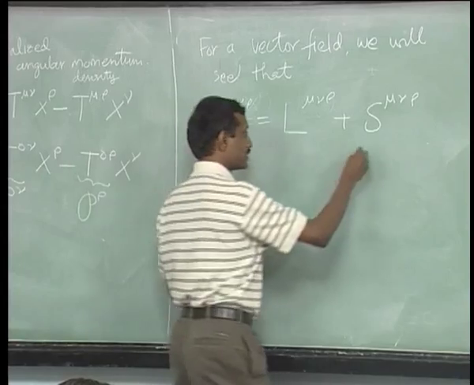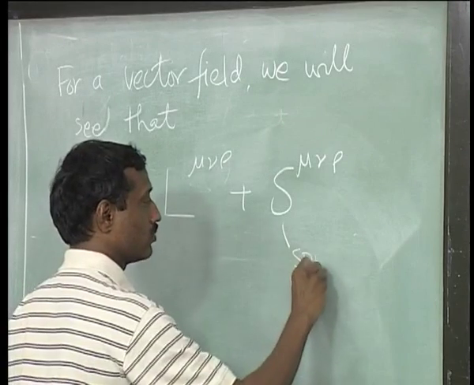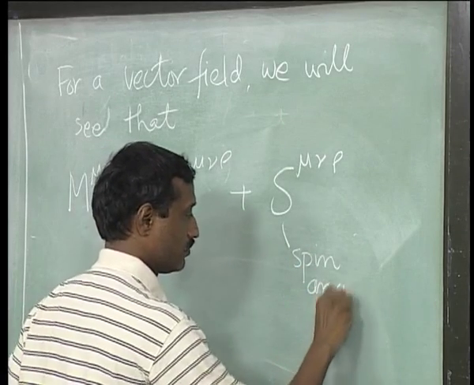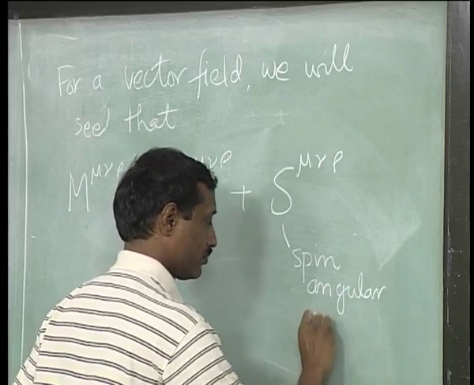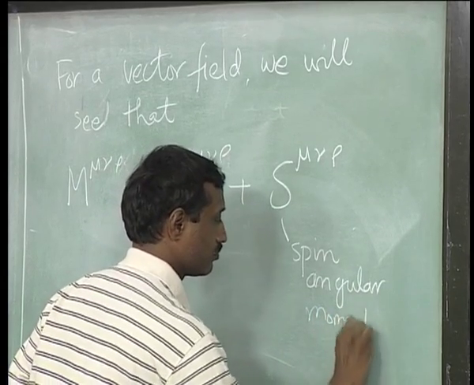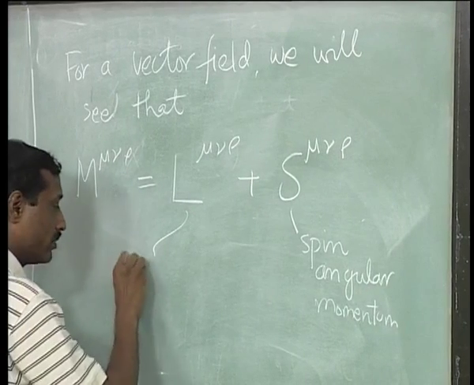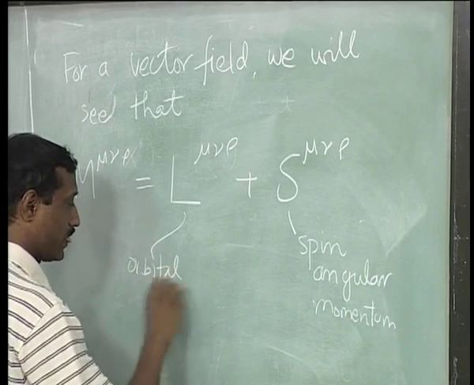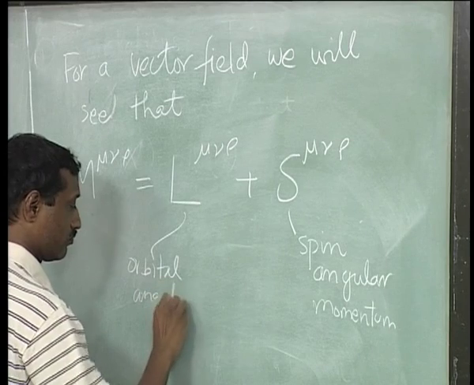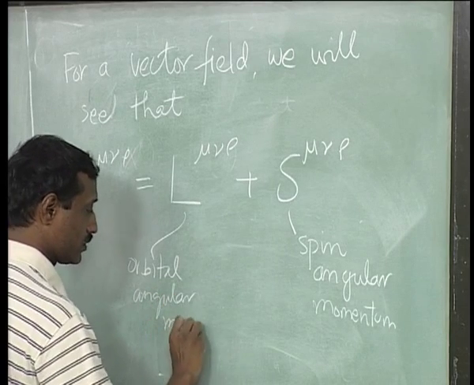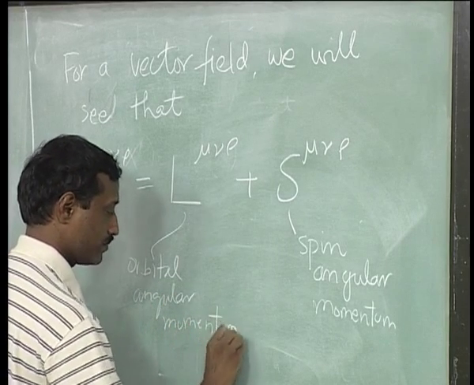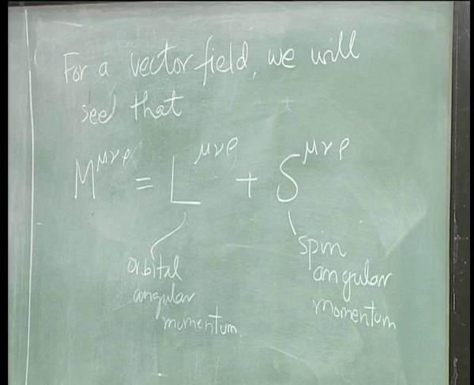So, this part is called the spin angular momentum. And this will be called the analog of the orbital angular momentum. Okay, it will have 2 parts.